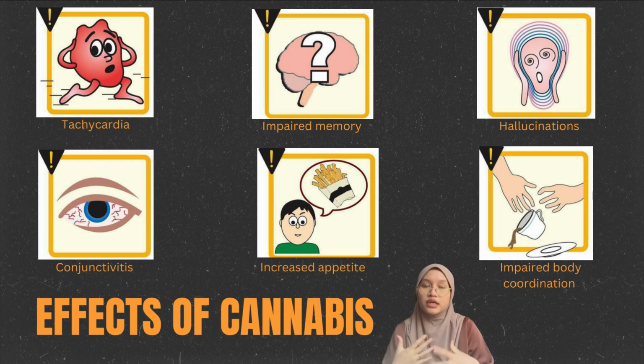When you take a high dose of THC, it will cause hallucinations. If it acts on the hunger part of your brain, it will increase your appetite to eat more. And if it acts on the cerebellum or basal ganglia, it will cause impaired body coordination.